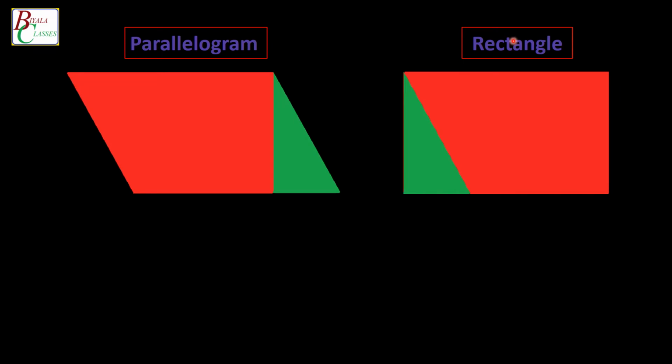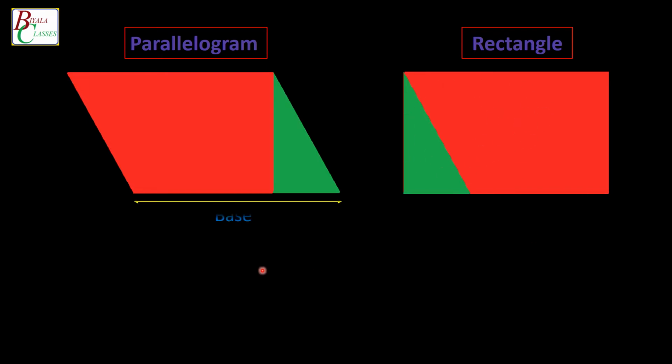If we just move this triangle from here to this part, we get a rectangle in this form. Just see, we have relocated this triangle from the right towards the left, and doing this, the parallelogram converts into a rectangle.